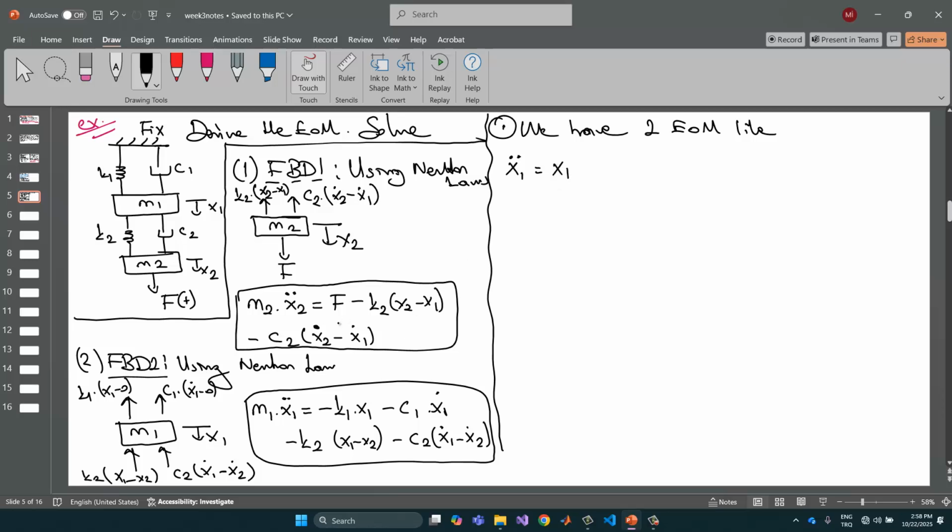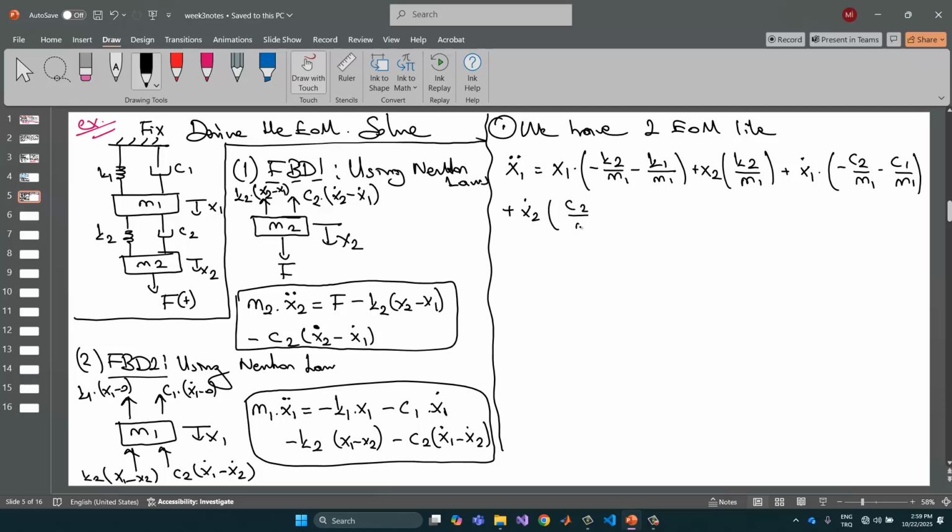If we organize the whole equation, we will get this one: x1 term minus k2 divided by m1 minus k1 divided by m1, plus x2 k2 divided by m1, plus x1 dot minus c2 divided by m1 minus c1 divided by m1, and also we have x2 dot, and x2 dot is derived from this one in here, so c2 divided by m1.